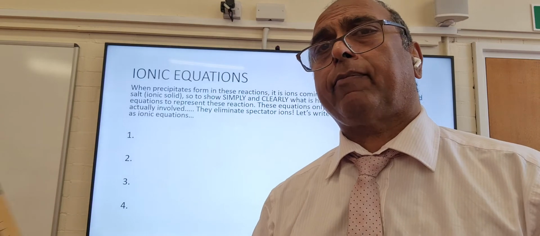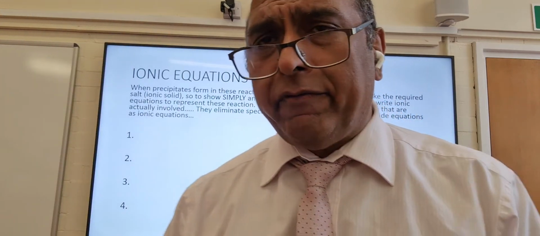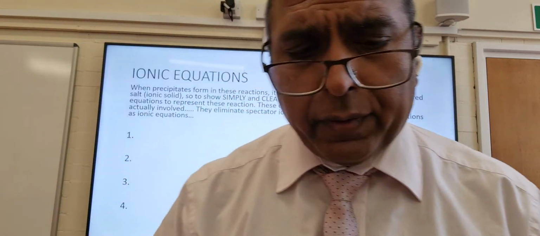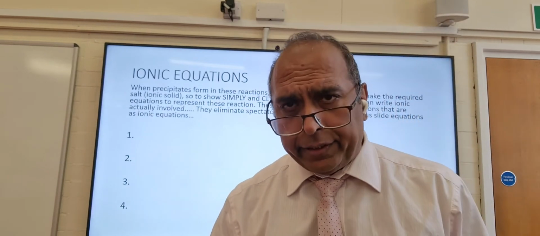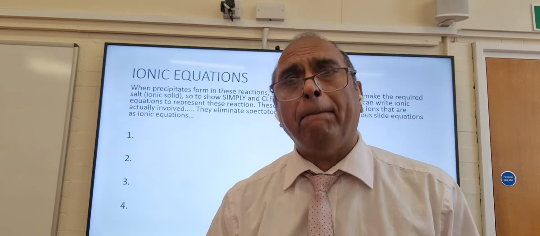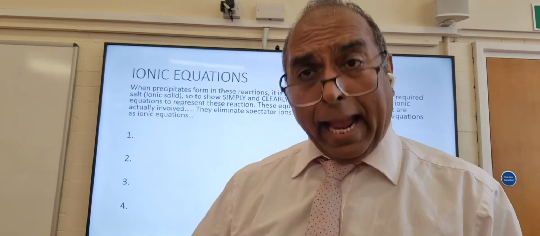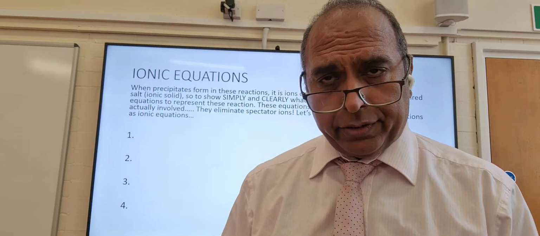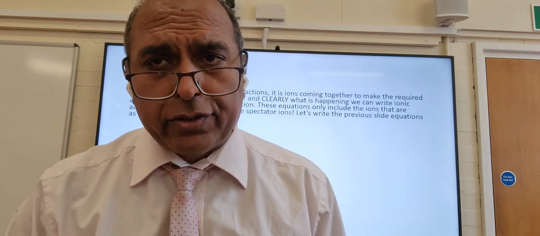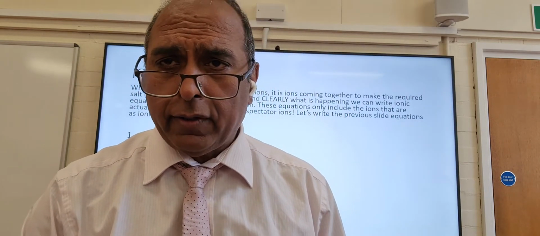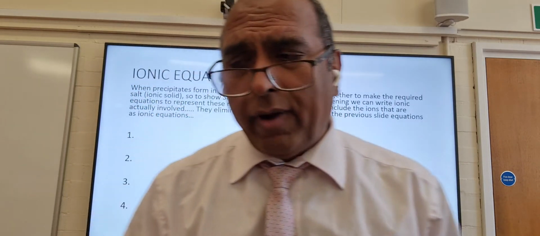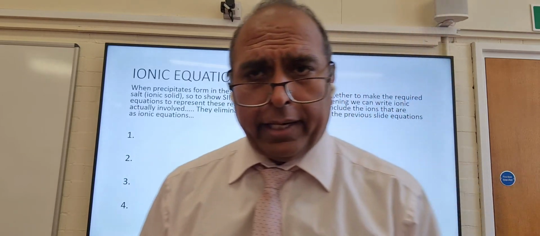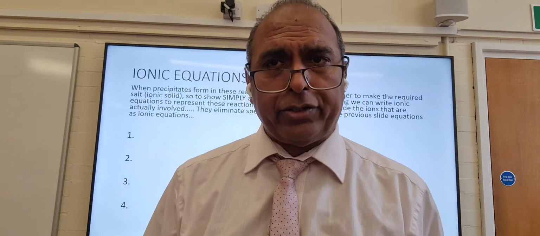Now, you've done a number of equations, general equations, word equations, symbol equations, balanced symbol equations. Well, now I need you to understand ionic equations. And believe it or not, ionic equations represent ions. And they make writing equations easier in these type of reactions.